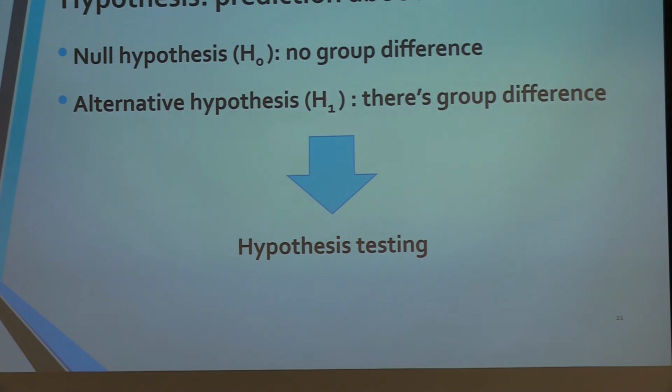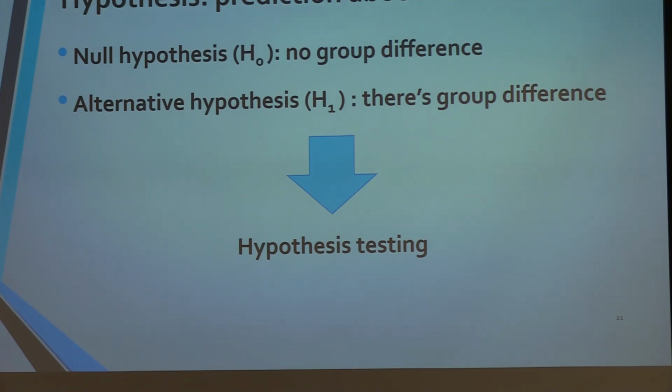That means 2 groups will perform the same. Now, the alternative hypothesis is sometimes also called the research hypothesis. Actually, this is the hypothesis you would like to see, you would like to predict, to make true. There's a group difference.